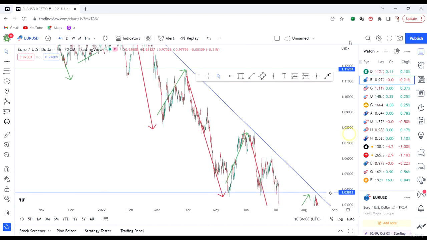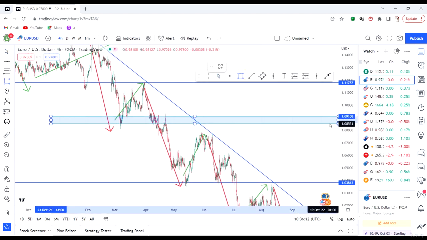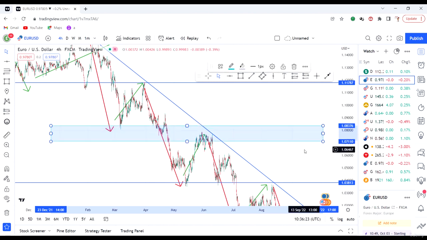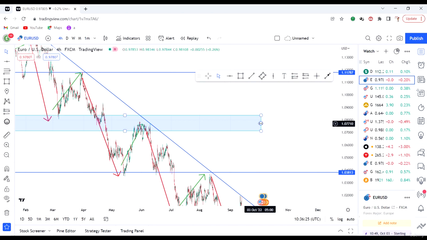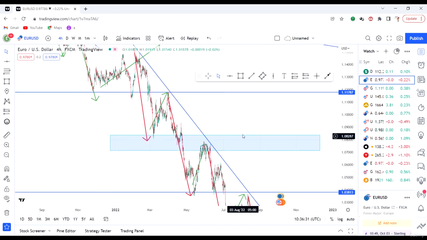I like to see these levels like a zone instead of just a level, because the market might not really touch that line or might go above that line. But when we make it in the form of a zone, we tend to have a bigger coverage and tend to be careful whenever the market trades in that zone. So making it a zone is way better for me.